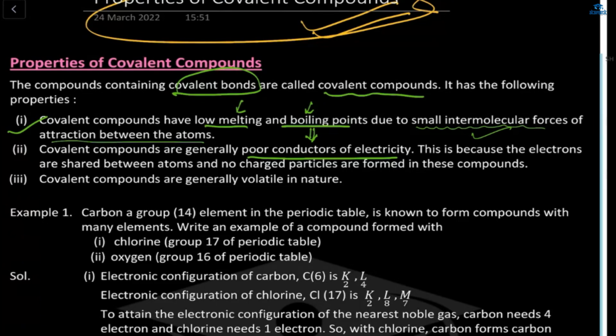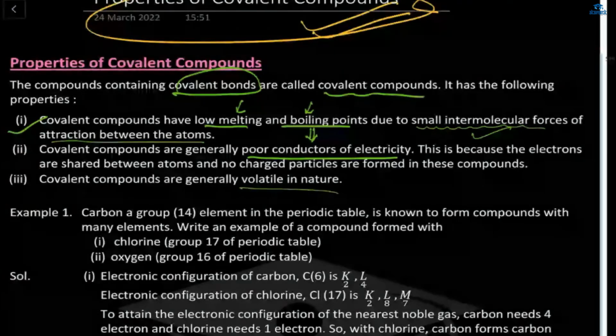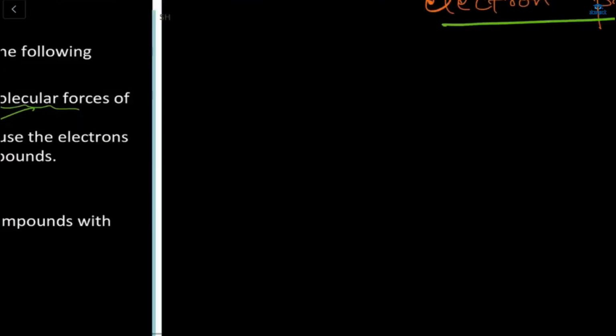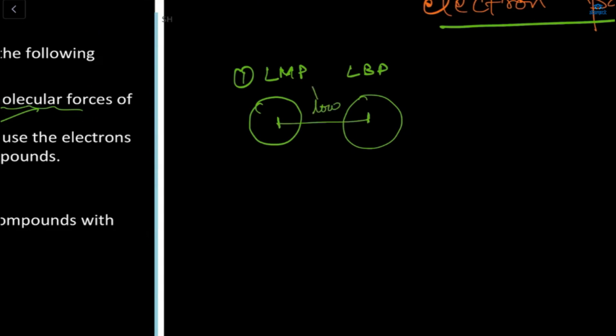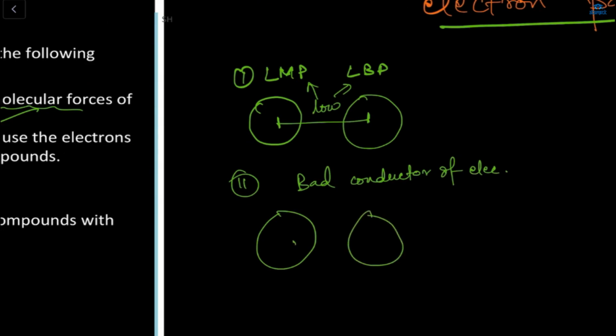Third, they are generally volatile in nature. So what was the first one? They have a low melting point and low boiling point, because the intermolecular forces between the two atoms are very low. What was the second point? A poor conductor of electricity, because the two atoms share electrons with each other.